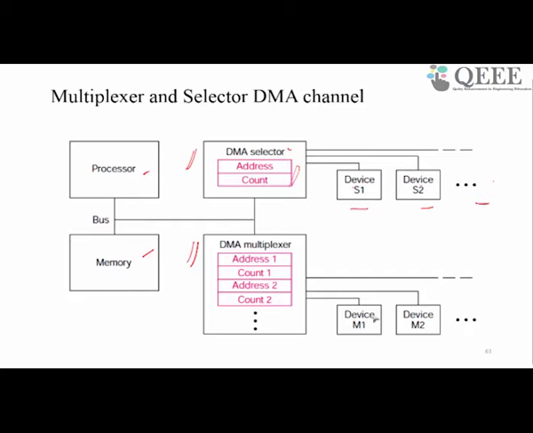Or a number of devices can be handled by a DMA multiplexer by having a number of DMA channels. There will be a separate address and count register for each one of the devices, so it may multiplex the transfers on these buses.